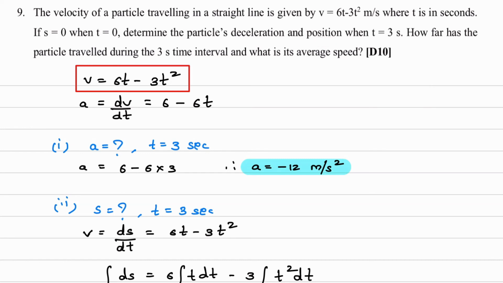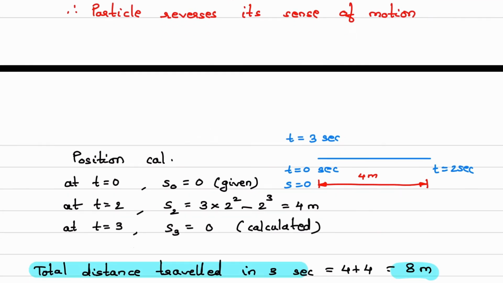Now since you know the complete question, you can say why this particle is in deceleration, because it starts with 0 and ends at 3 seconds. I'll show you that diagram again. The particle starts at 0, it accelerates, then velocity is 0, and then again it accelerates and decelerates.